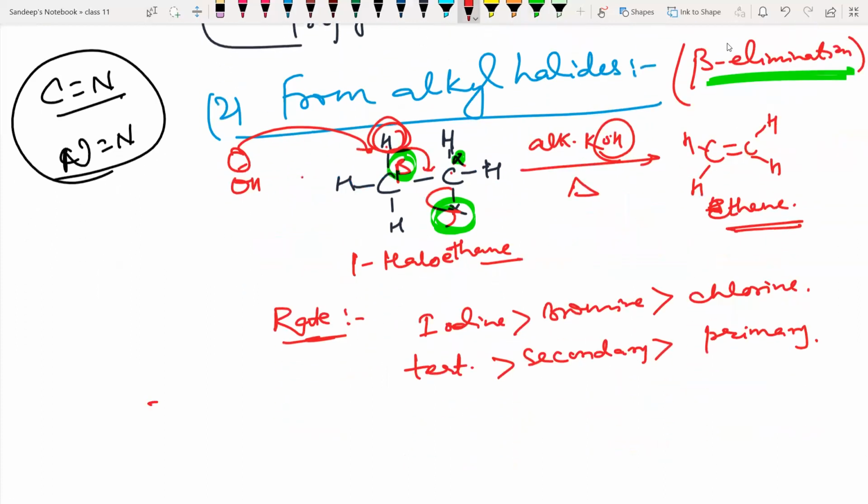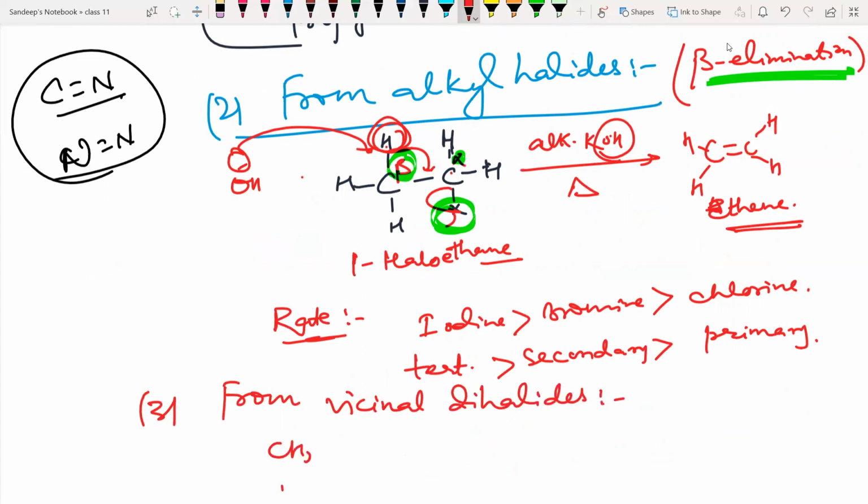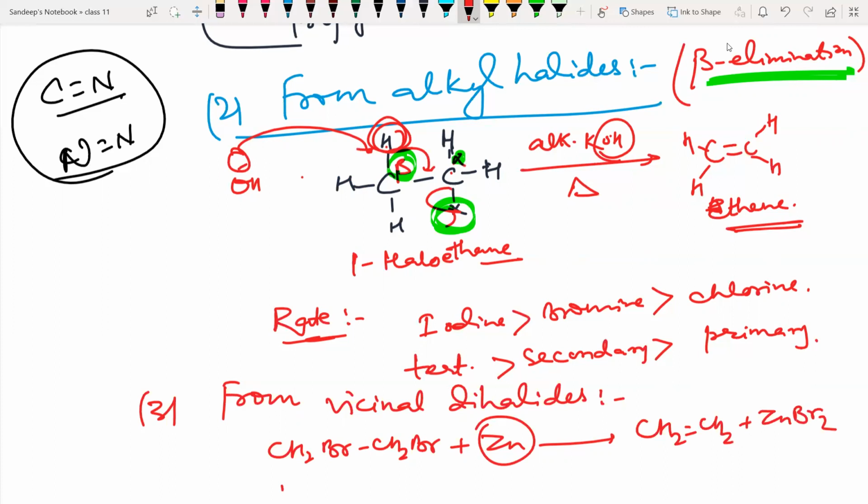Next method is from vicinal dihalides. So you take 1,2-dibromoethane treated with zinc. Zinc will take away both the bromine, so it will form ethene plus ZnBr2. Since the halides have been removed, this is an example of dehalogenation.